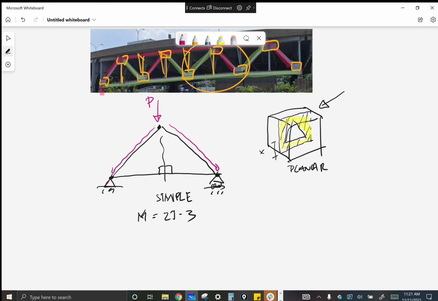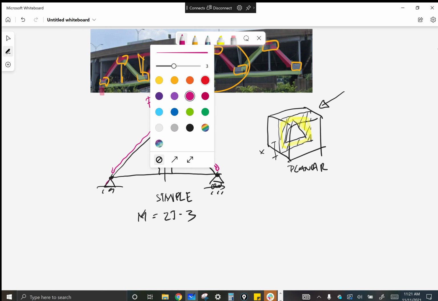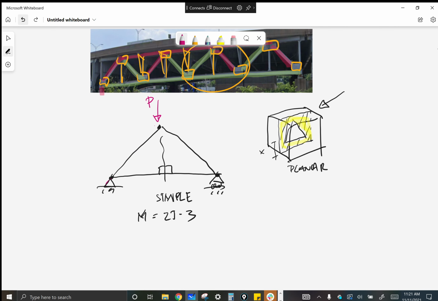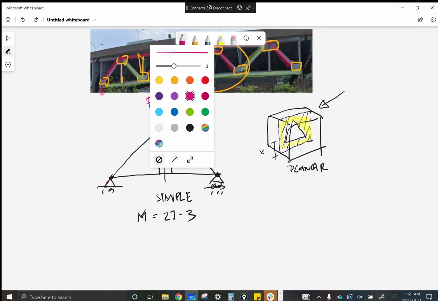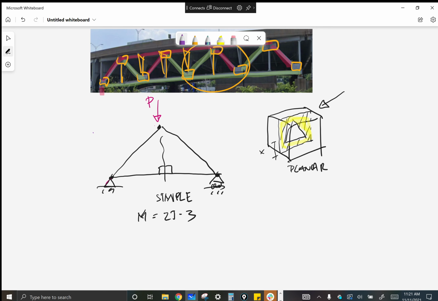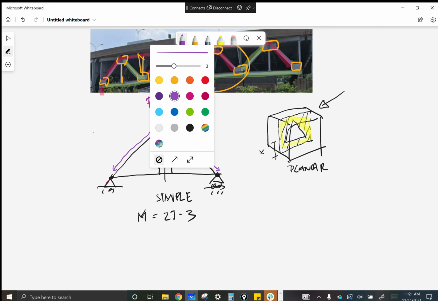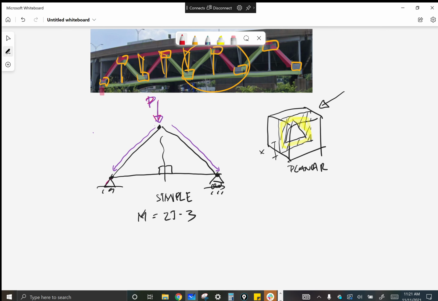If we're talking about statics, then this is coming down here and down here. We know, just using common sense, that this member has got to push back. So it's going to be in compression, going both ways.